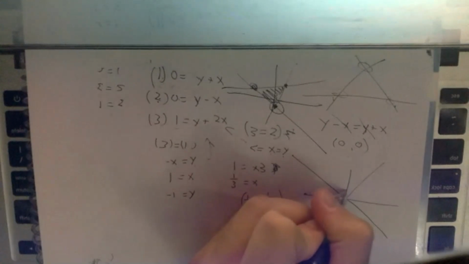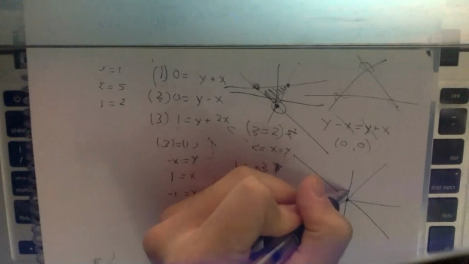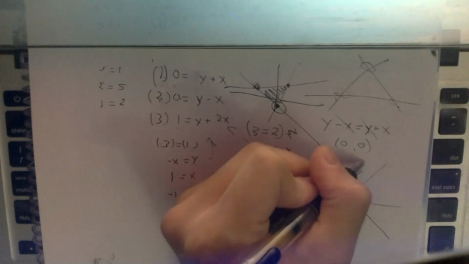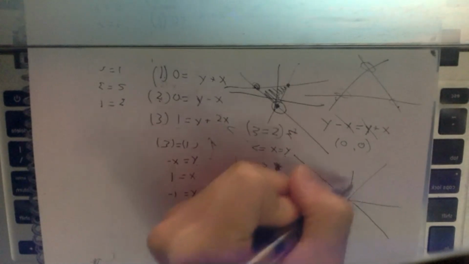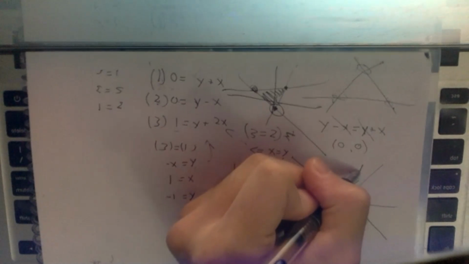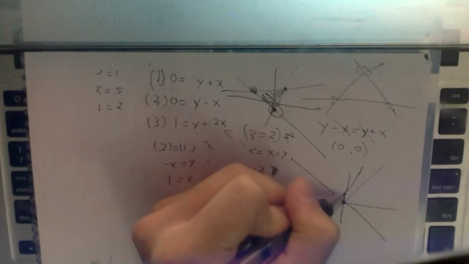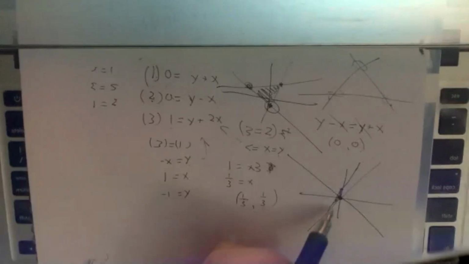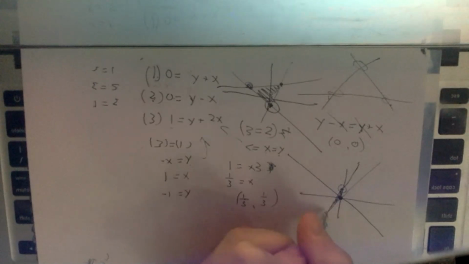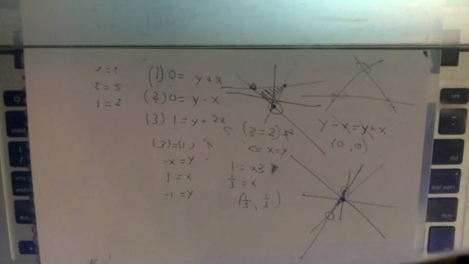Let's say the y-intercept's right there, and minus 2x is going to look like this, right? I don't know if you can see there's a tiny little triangle right here, but there are 3 points where they intersect, and those 3 intersections are what enclose a triangle.